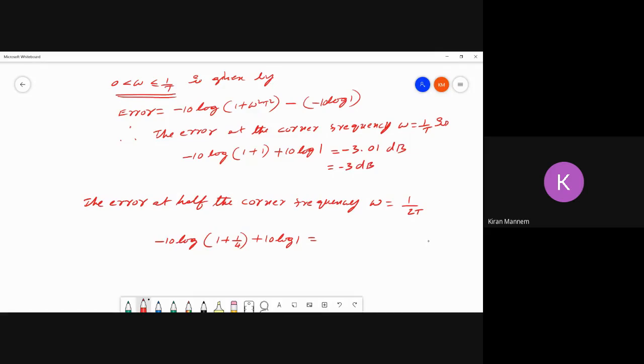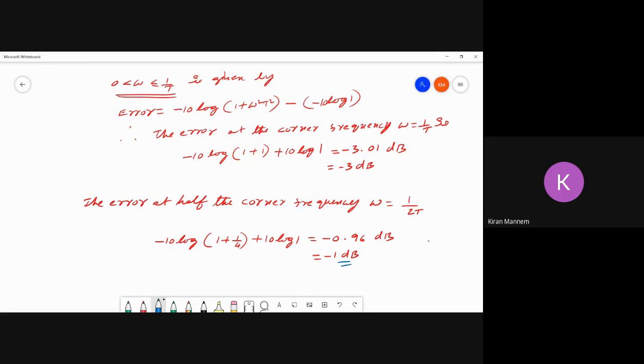Minus 10 log of 1 plus 1 by 4 plus 10 log 1. Minus 0.96, sir. Very good, or approximately minus 1 dB.